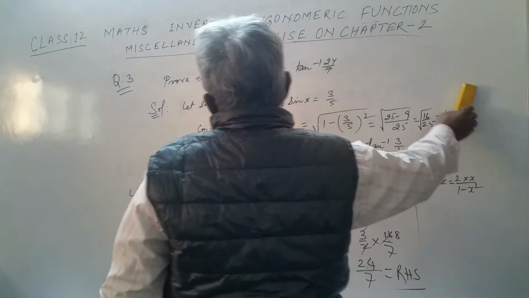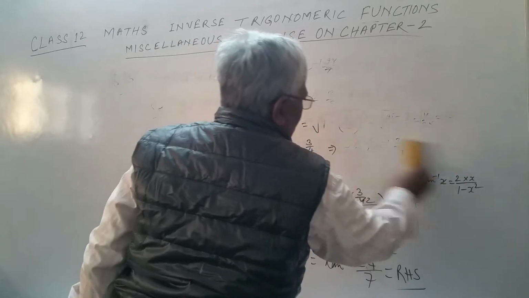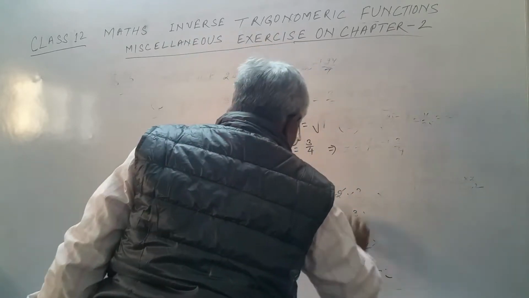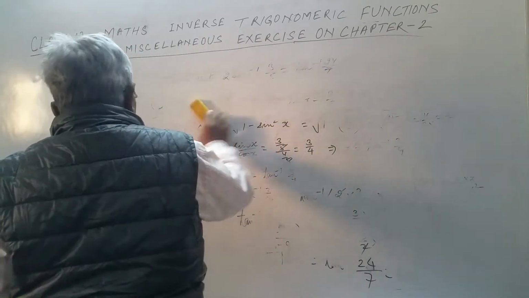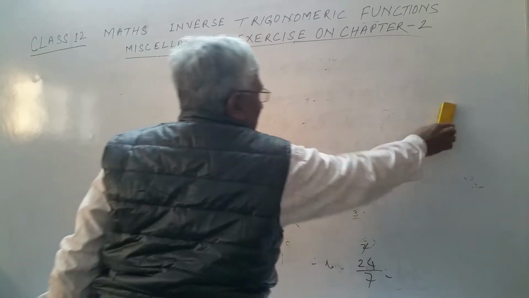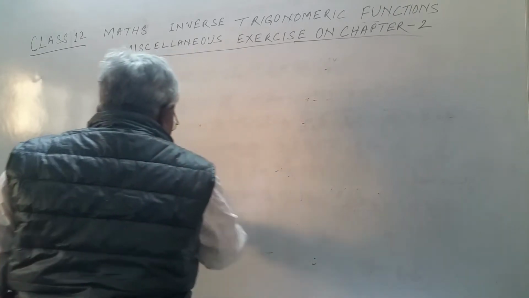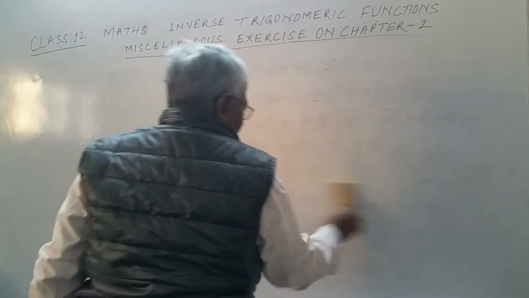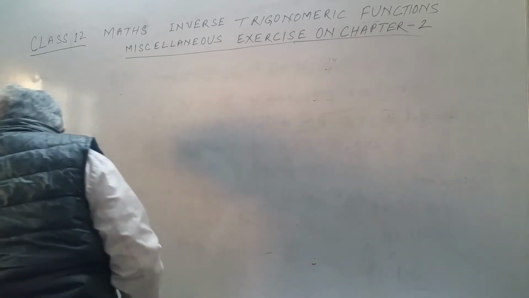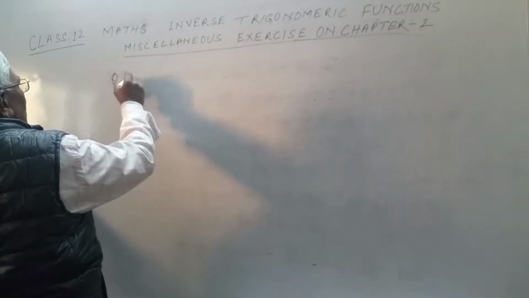Okay then. So then we are going to solve the fourth question. The fourth question says, again, prove that. It is also a question for proving some relation. Okay. So let us do this question also. Question number 4.